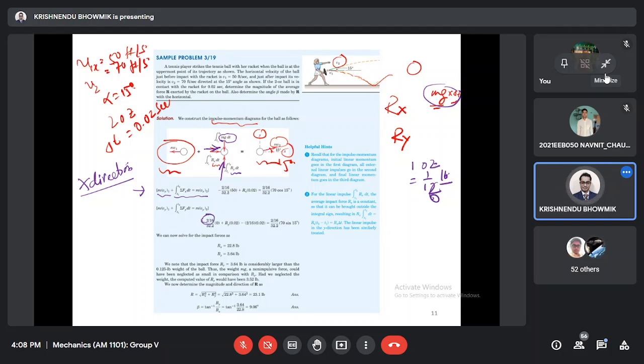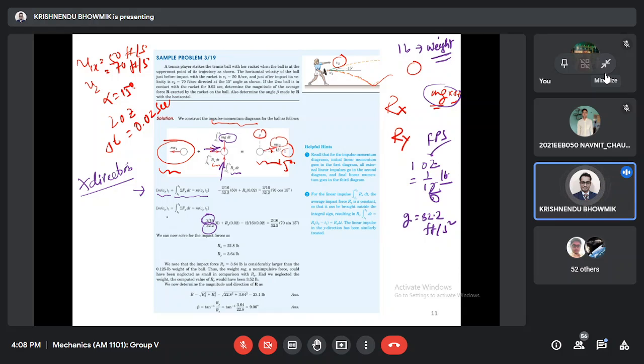So 2 by 16 multiplied by g. g is 32.2 foot per second squared, FPS units. So that is m, because we are considering ounce or pound, instead of force let it be weight. We are not going to poundal, let it be weight. Pound is weight. In terms of pound we want to show the results. Reaction force also in terms of pound.